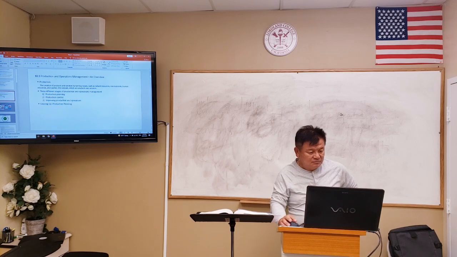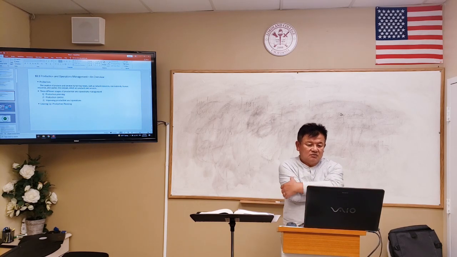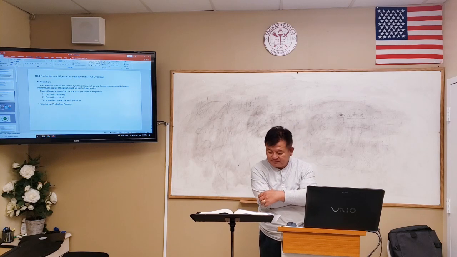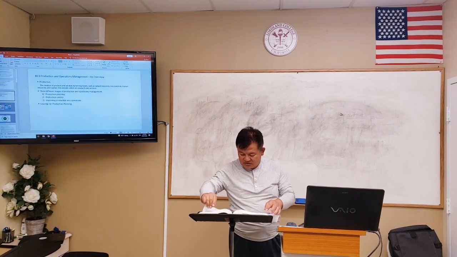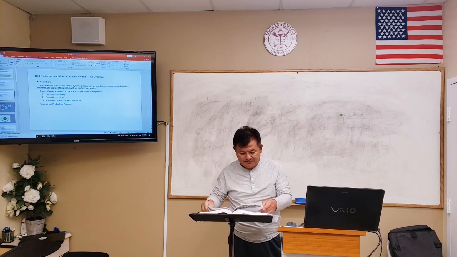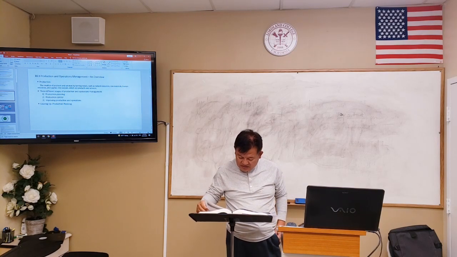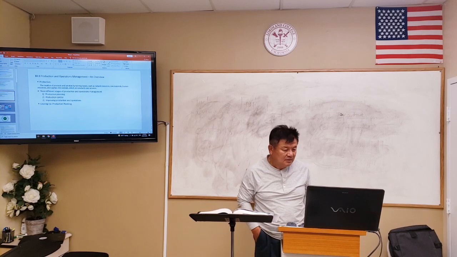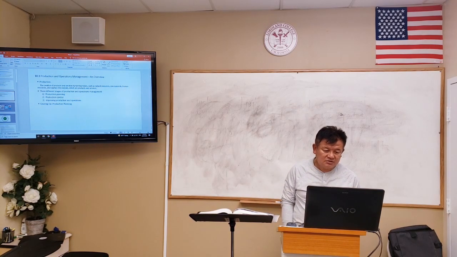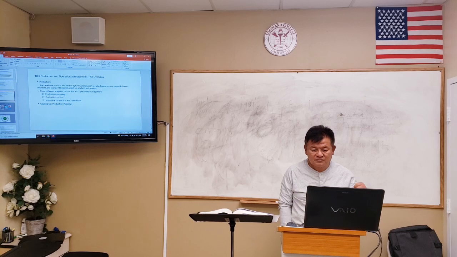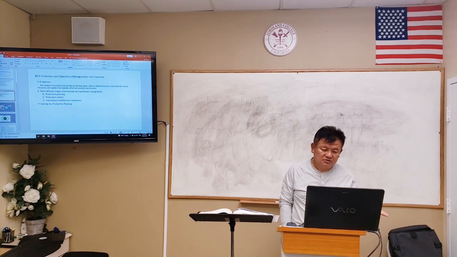Okay, let's move to 10.1, production and operations management: an overview. First, what is the meaning of production? Production means the creation of products and services by turning inputs, such as natural resources, raw materials, human resources, and capital, into outputs, which are products and services.